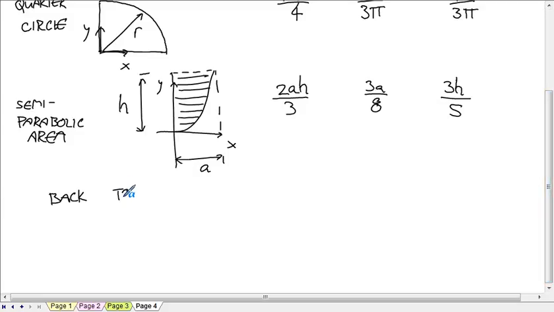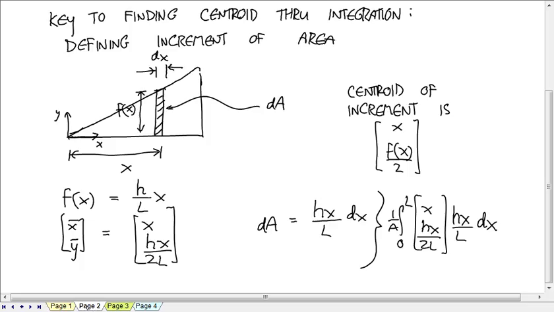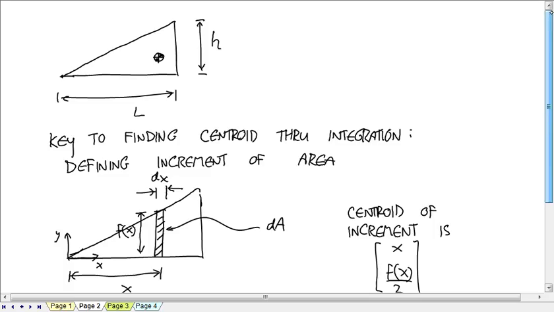Back to the example problem. Did I define it?